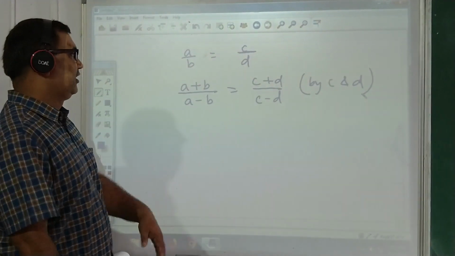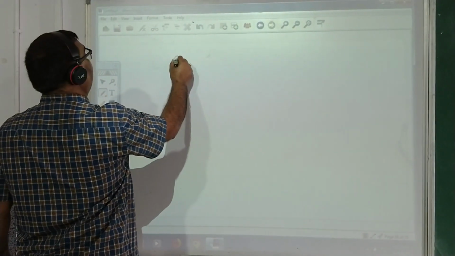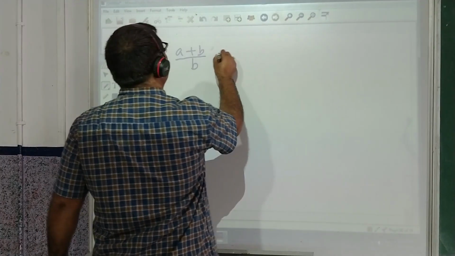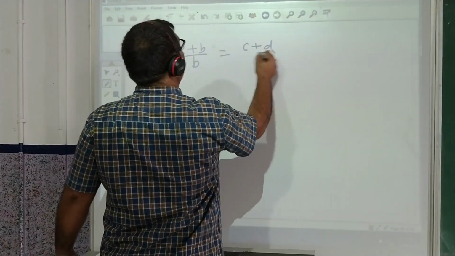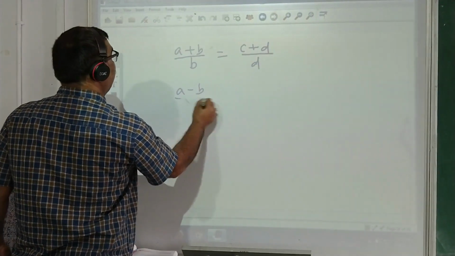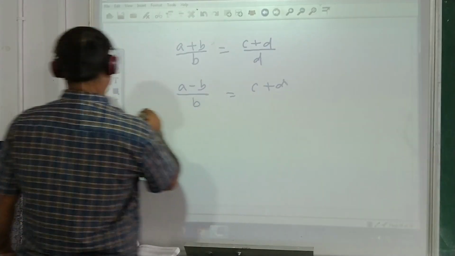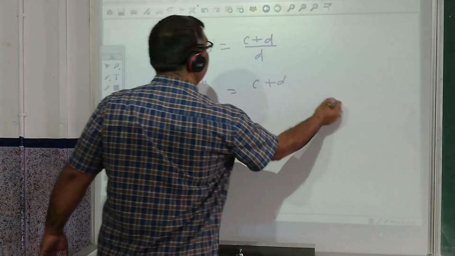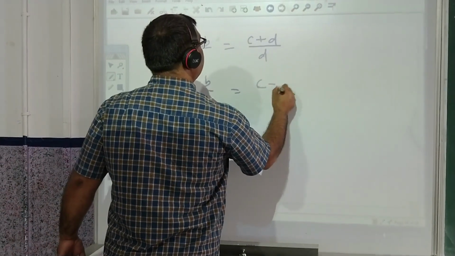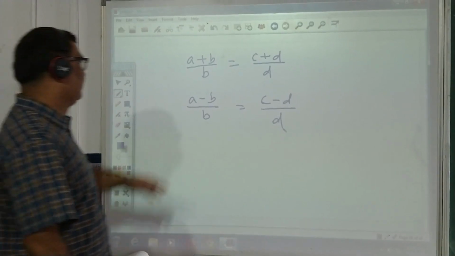Otherwise, I have another option. Just look. What was the result? In componendo, (a plus b) by b is (c plus d) by d. In dividendo, (a minus b) by b is equal to (c minus d) by d. Now altogether componendo and dividendo.